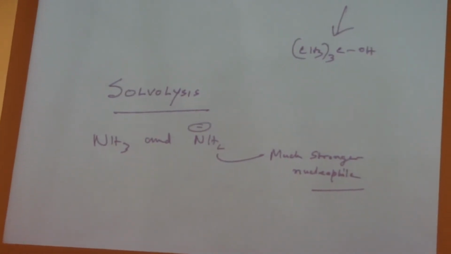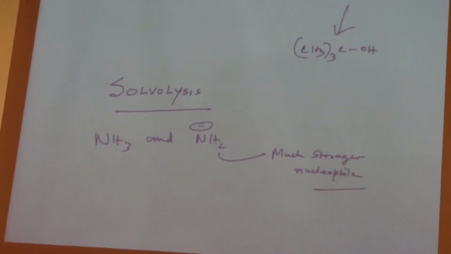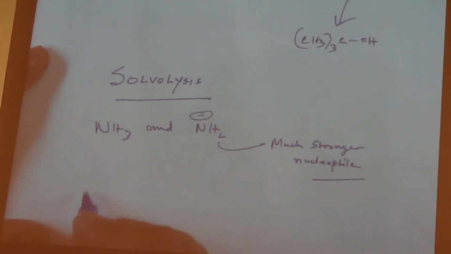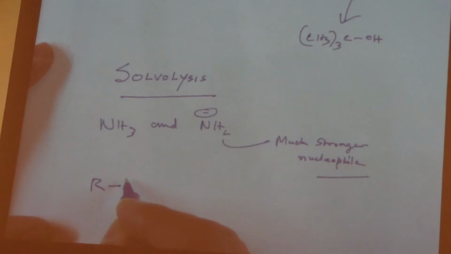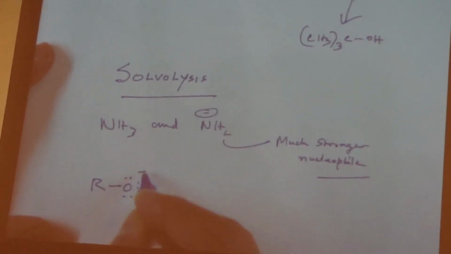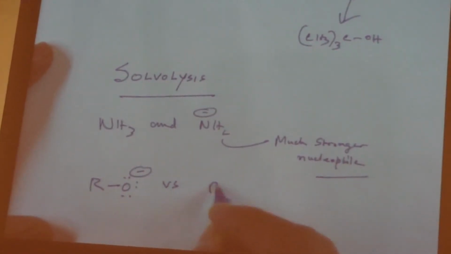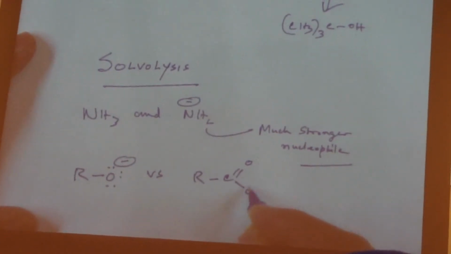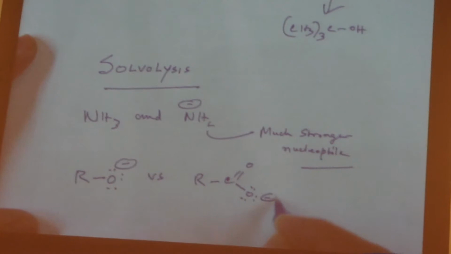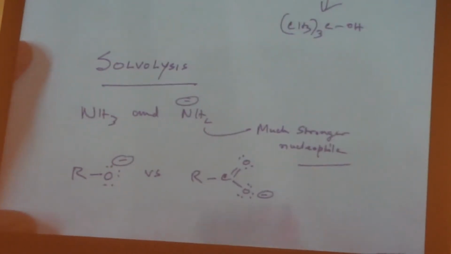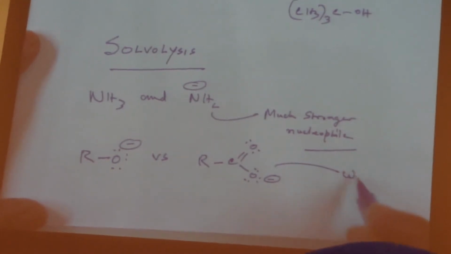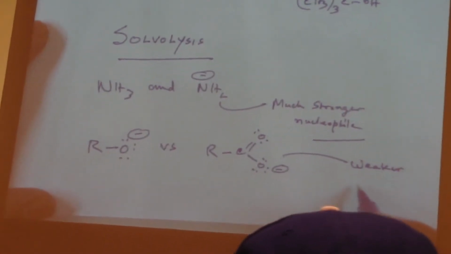Likewise, we can see that sometimes resonance stabilization can do that as well. If you look at an alkoxide, RO minus, versus RCOO minus, this is resonance stabilized, and therefore it's a weaker nucleophile.